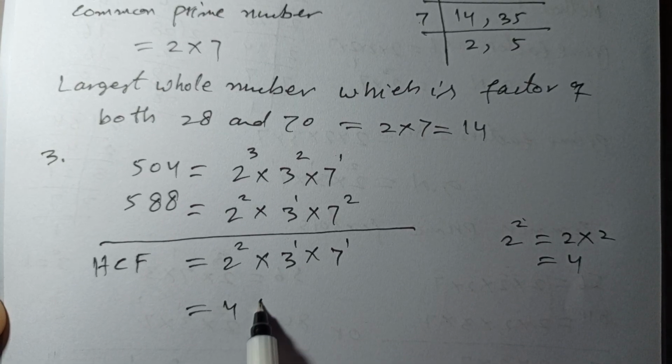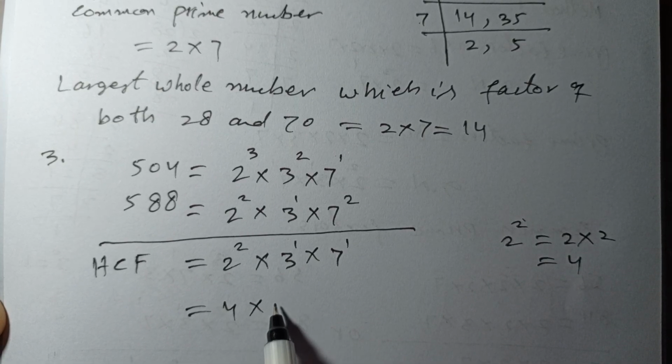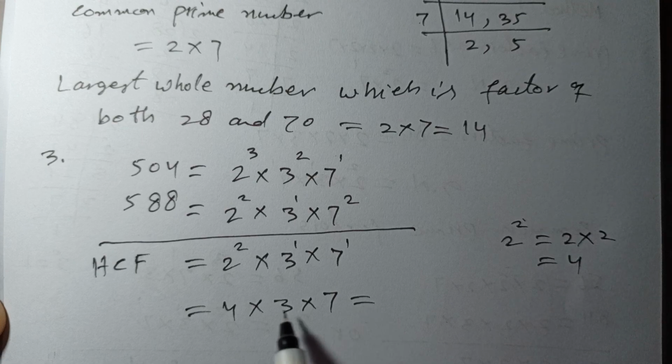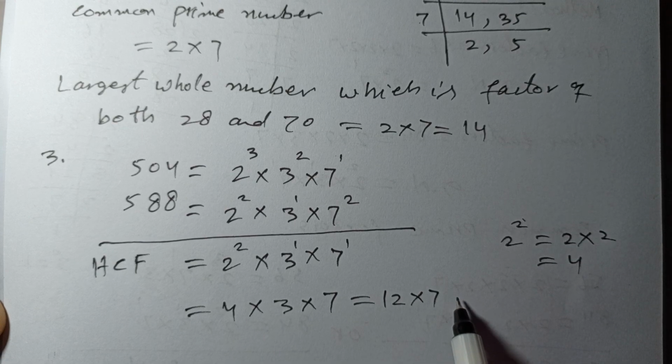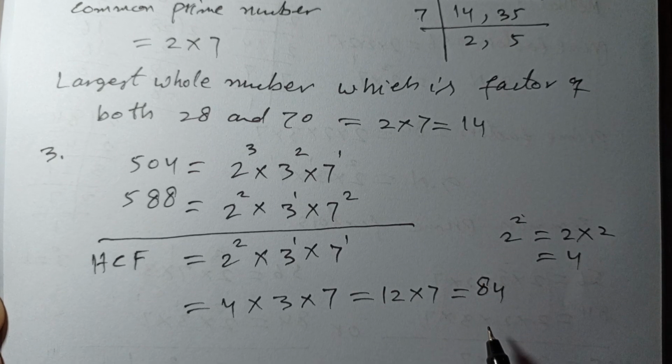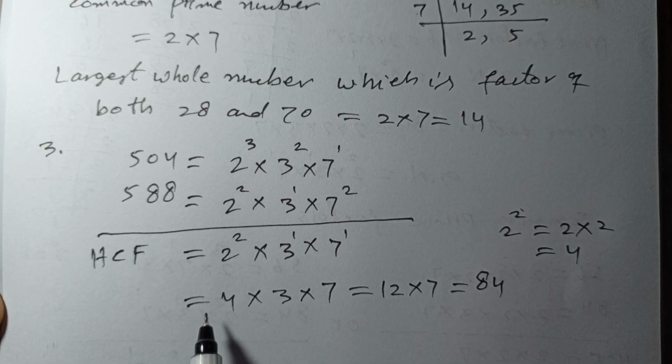So you will write here 4. 3 raised to power 1 means 3, and 7 raised to power 1 also means 7. Now 4 3s are 12, multiply by 7, 7 2s are 14. You have to multiply these. 7 2s are 14, 7 1s are 7, and 1 8, 84. That is our highest common factor.